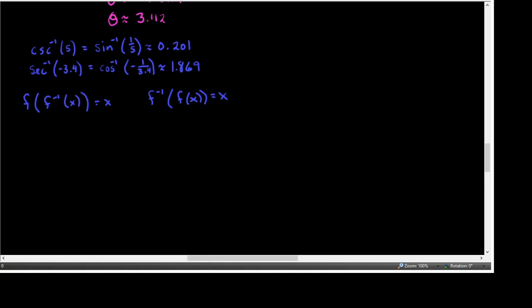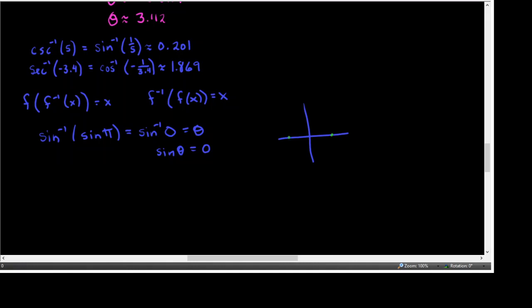As an example, sine inverse of sine of pi. Well, we know that the sine of pi is 0, right? And sine inverse of 0 is equal to some number theta, such that the sine of theta is 0. And we know that that happens at two places on the circle. Sine is equal to 0 here and here.